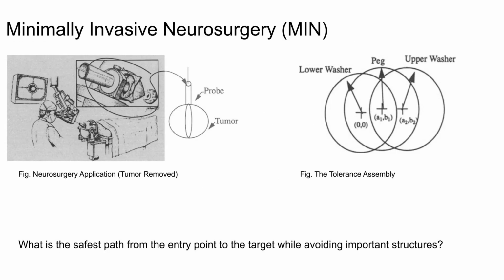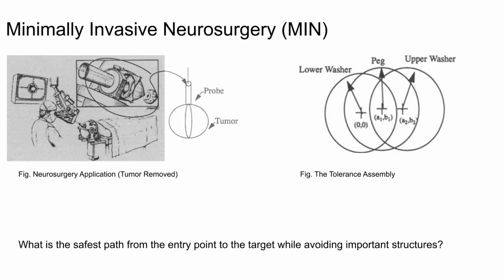The goal of minimally invasive neurosurgery is to treat neurological conditions while minimizing damage to healthy brain tissue. The brain is an extremely complex structure where important regions are located close together. Because of this, surgical procedures require extremely precise localization and planning.